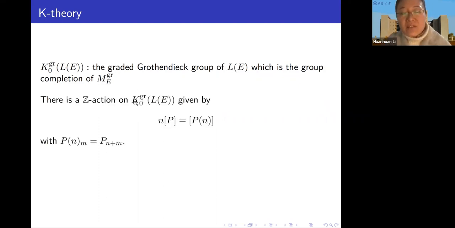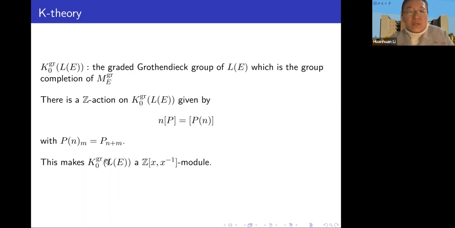Actually, there's a Z action on this group, given by the shift functor on the graded modules P. So with n being an integer, P(n) here is the shift of P. That means the grading for P(n) is given by this: the m-th component of P(n) is the (n plus m)-th component of P. So this makes this graded Grothendieck group a Z[x, x inverse]-module.